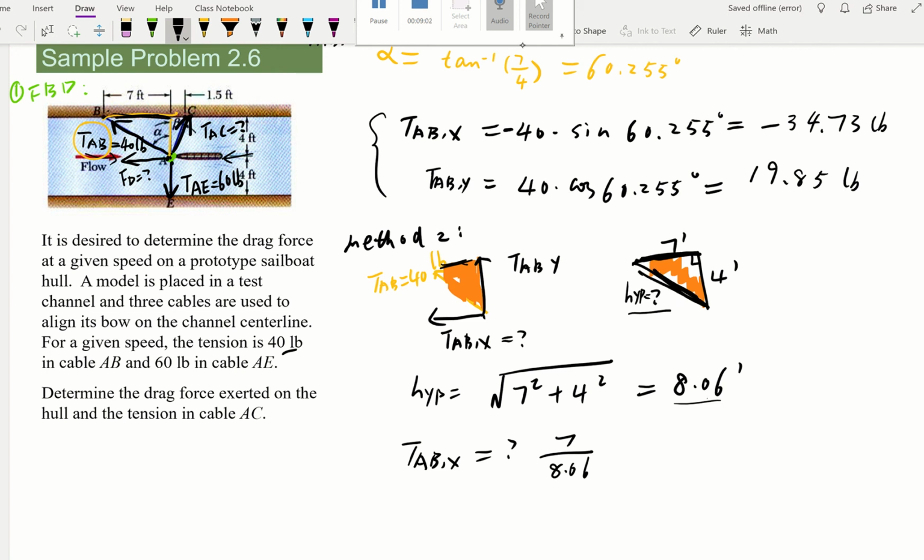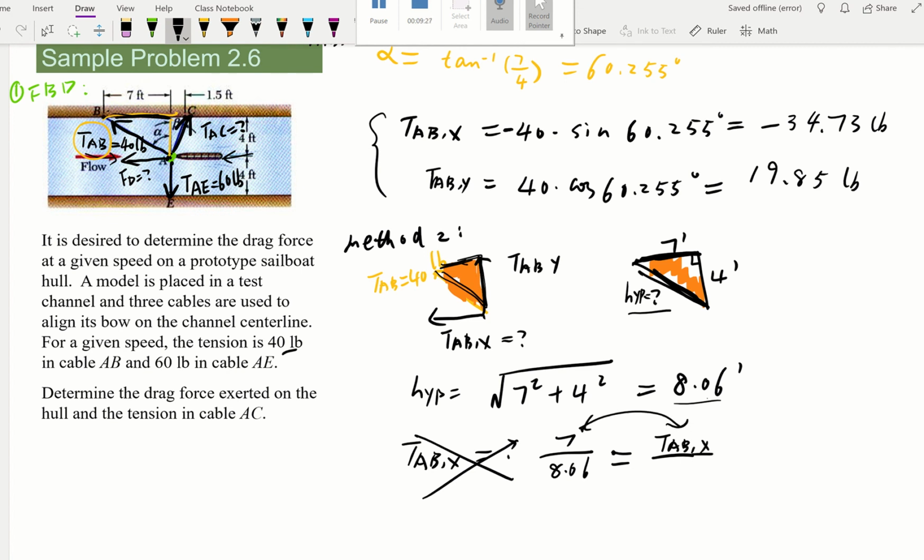And in this triangle, going back to this one now, remember they are similar, they are proportional. So that's going to be equal to, in this triangle right here, I'm solving TABx. That's also the x direction corresponding to 7.